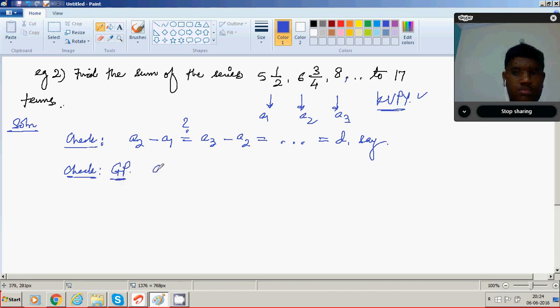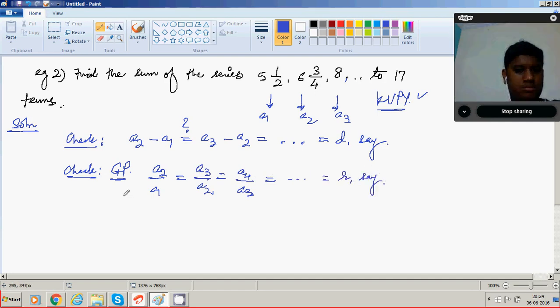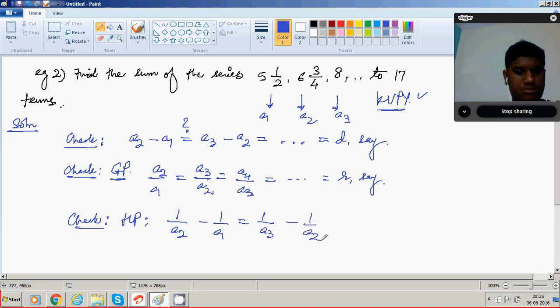You also have to check whether A2 over A1 equals A3 over A2, equals A4 over A3, and so on and so forth, equal to a common ratio R. And then there is at least one more type of sequence called an HP, harmonic progression, in which we have to check 1 over A2 minus A1 is equal to 1 over A3 minus A2, and so on.